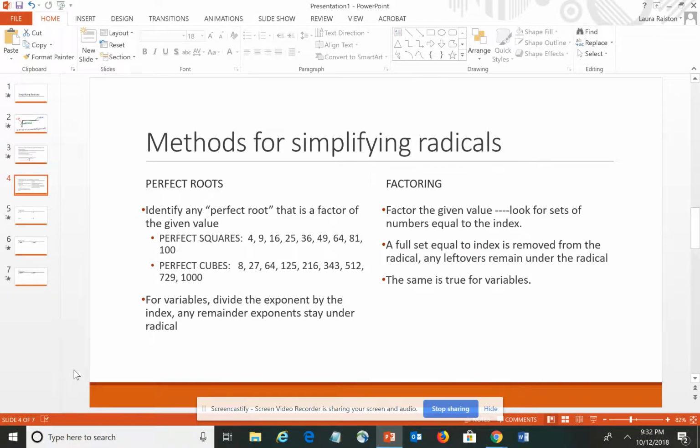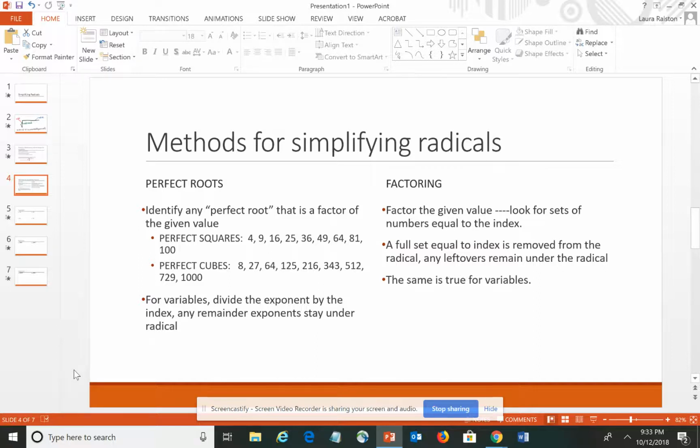If you feel confident, you identify the perfect root that is a factor of the given value, and then you take it out of the radical. The easiest way to deal with the variables is to take the exponent on the variable and divide it by the index. Any whole units are removed from the radical, and any remainder units are left under the radical.